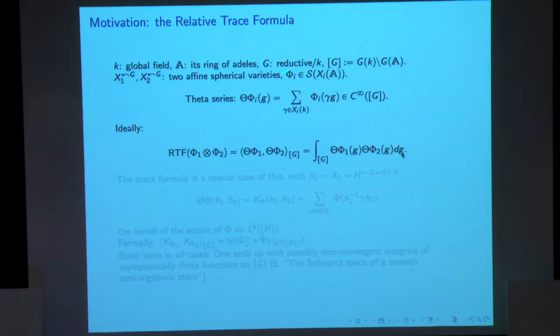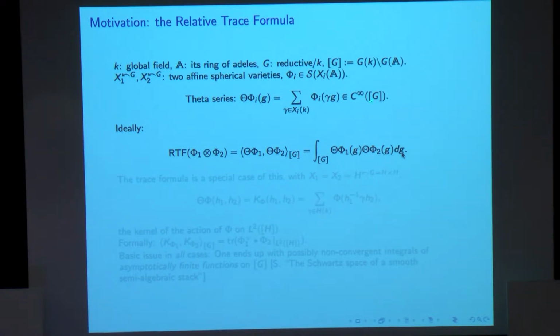We take Schwartz functions on both of them. And then for each of these spherical varieties, we form a theta series. Theta series means we just sum over the lattice of rational points, and that gives us an automorphic function.